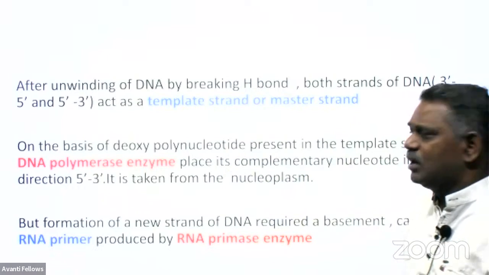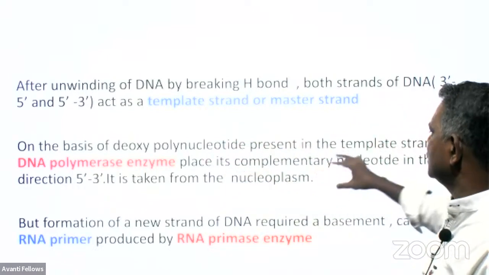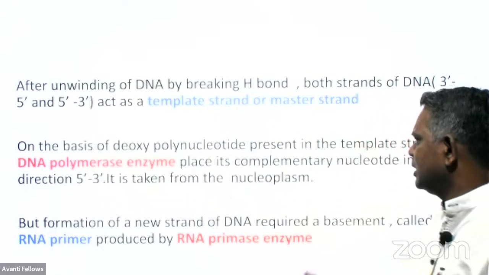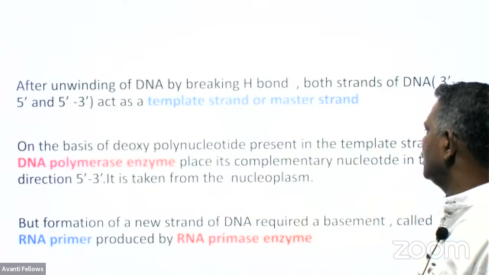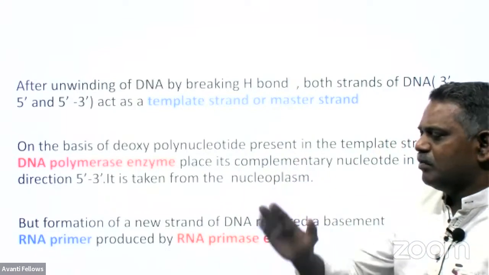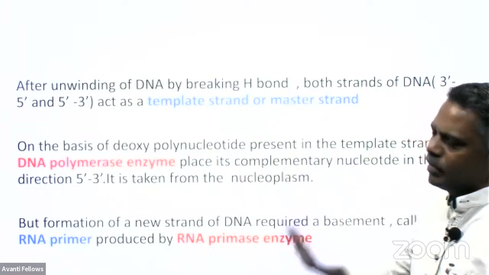Remember the things that we learned earlier. On the basis of such nucleotides present in the template strand, DNA polymerase enzyme places the complementary nucleotides in the new strand in the 5' 3' direction, and they are taken from the nucleoplasm only.